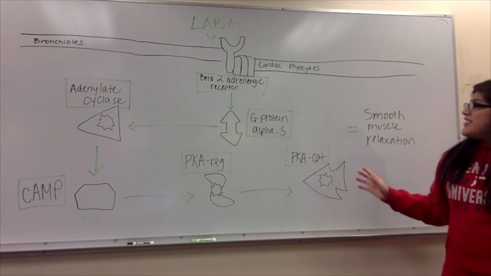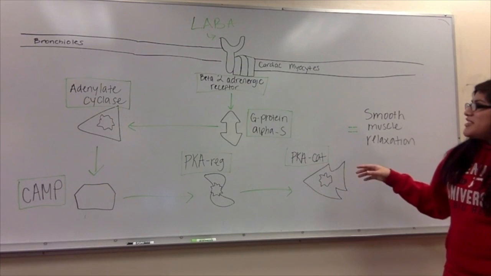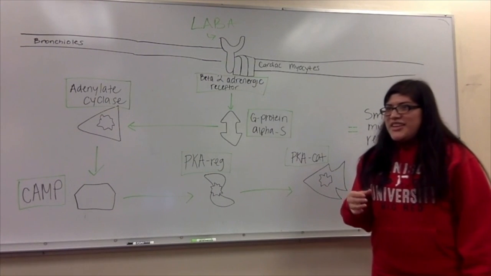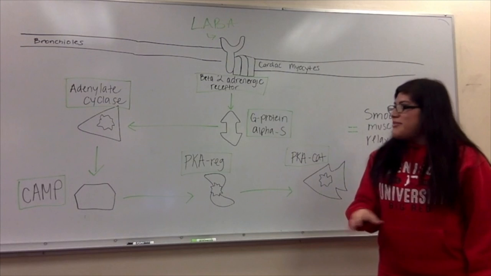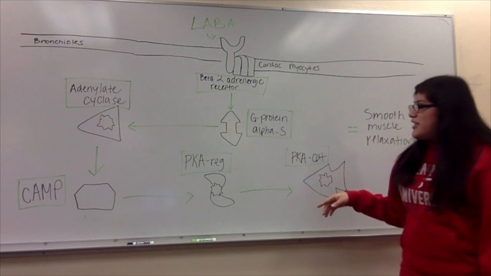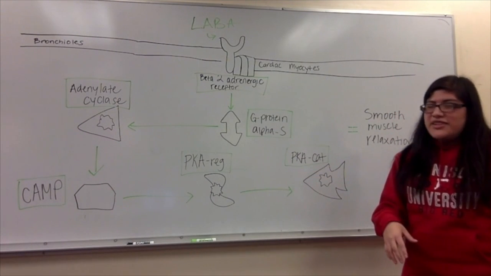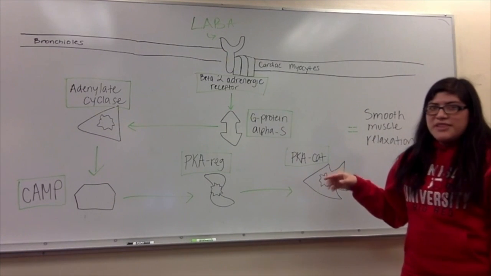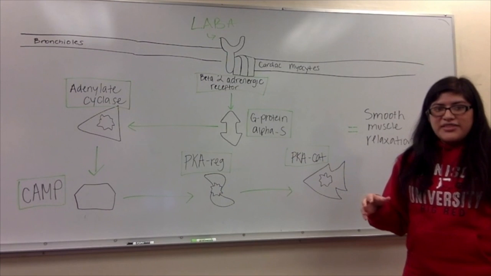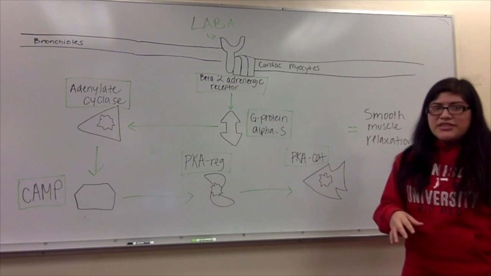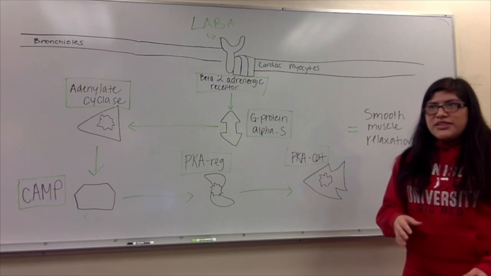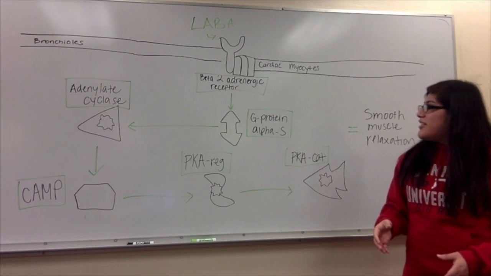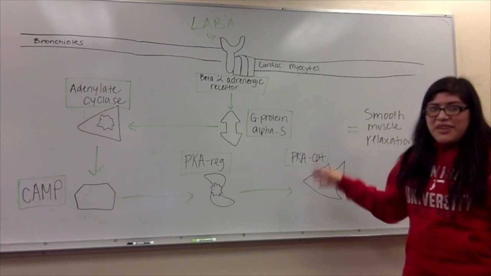The reason we don't use LABAs for sudden asthma attacks is because it takes those initial 10 or 20 minutes for the effects to actually take place. That's the only thing that differentiates people who use SABAs versus LABAs. Basically, LABAs are used to prevent asthmatic attacks, but SABAs are used for those sudden attacks, which work faster than these LABAs.